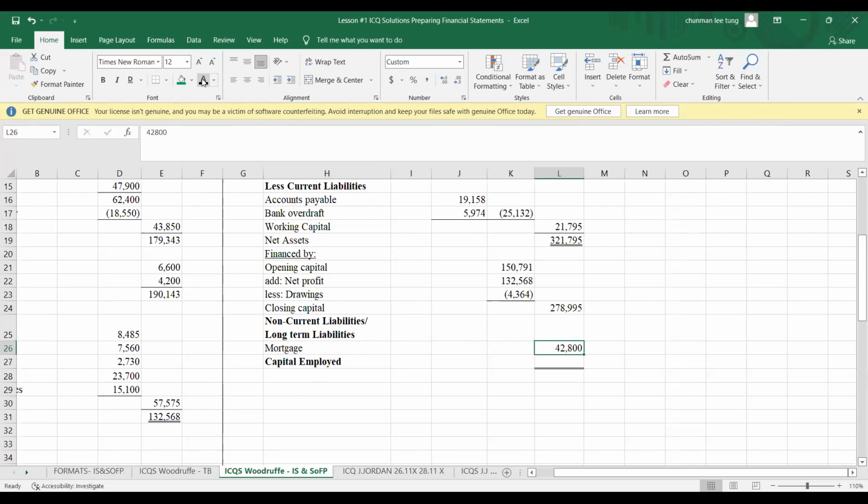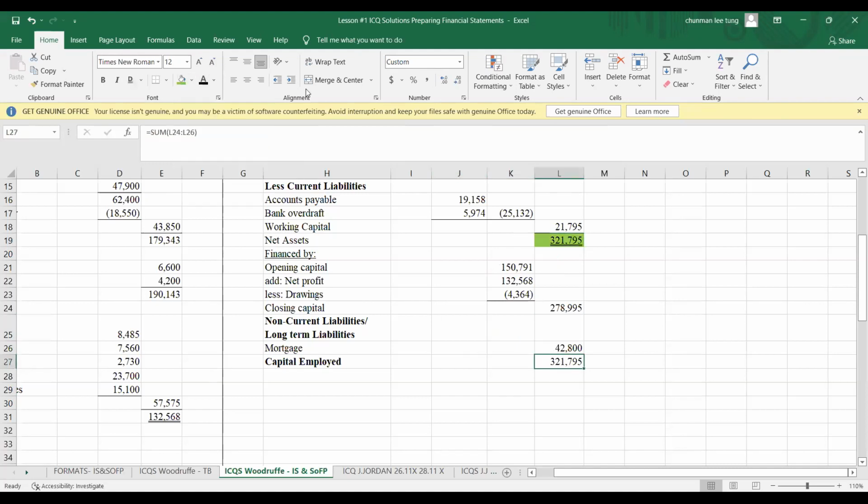So, holding our breath here now, 278,995 plus our 42,800 will give us 321,795.